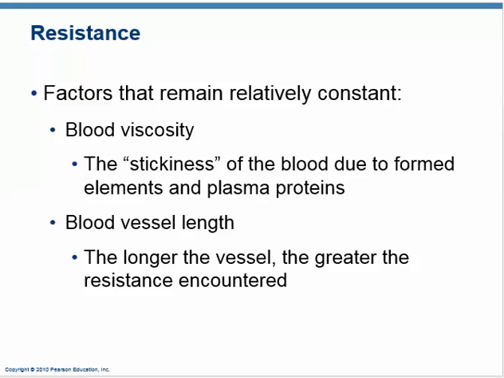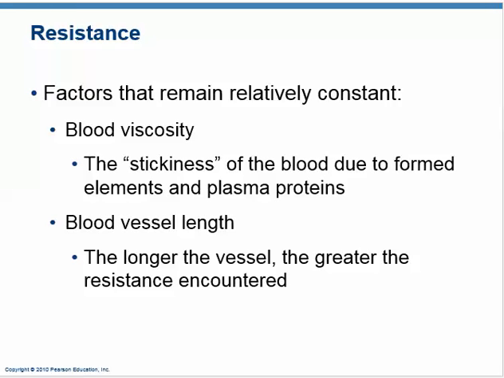So for the most part, on a minute-to-minute basis, blood viscosity doesn't change very much. And blood viscosity is really how many red blood cells, white blood cells, platelets, and proteins there are in it, relatively speaking.